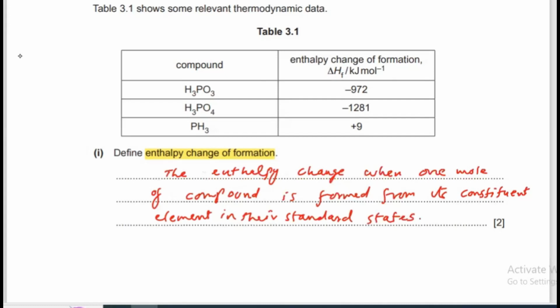You can also say under standard conditions. So that will be the standard enthalpy change of formation.